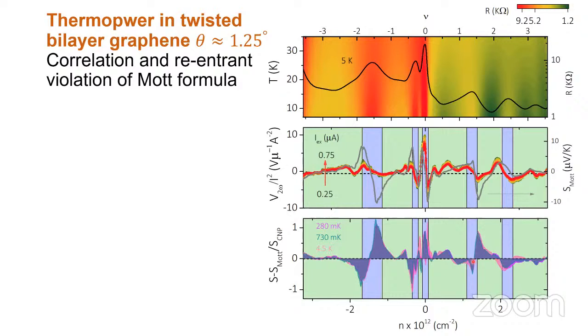Sure, please. Regarding this Mott formula, the S you have generated that I can see in the second figure, the order of magnitude is very close to the bilayer Seebeck you showed earlier, theoretically calculated.